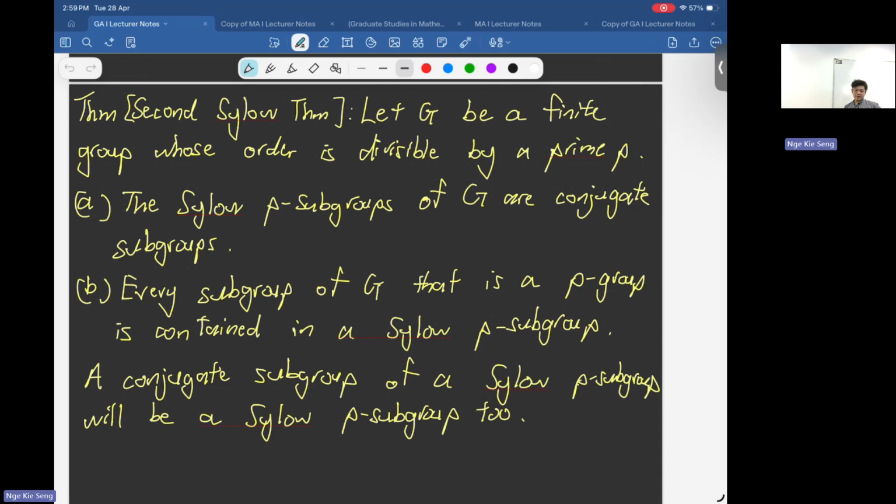And a conjugate subgroup of a Sylow p subgroup will be a Sylow p subgroup too. What does this mean? I think it's just a converse of A. Trivial, yeah. If you have A, I think this sentence will come up.